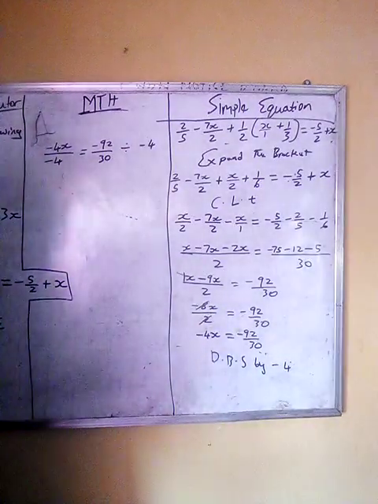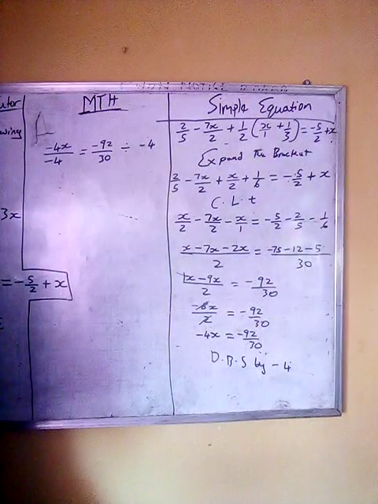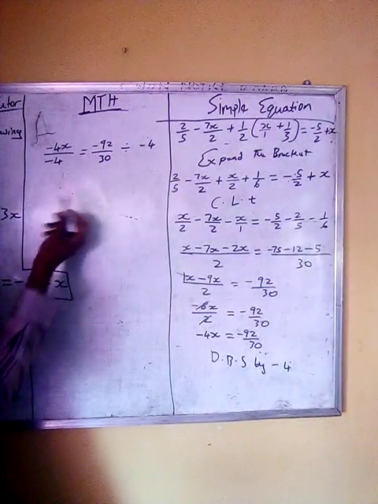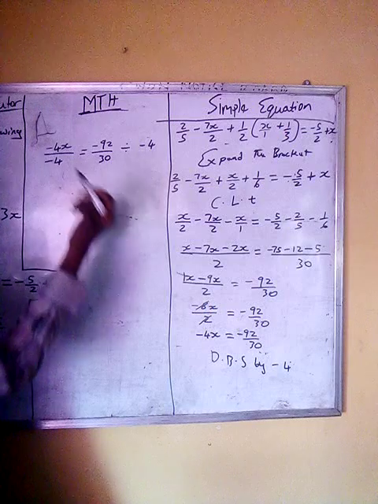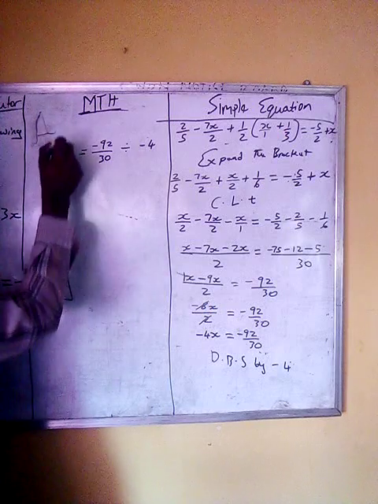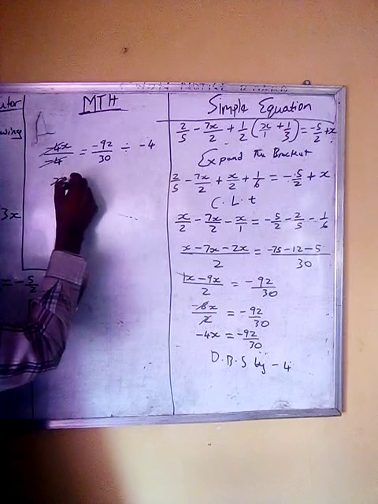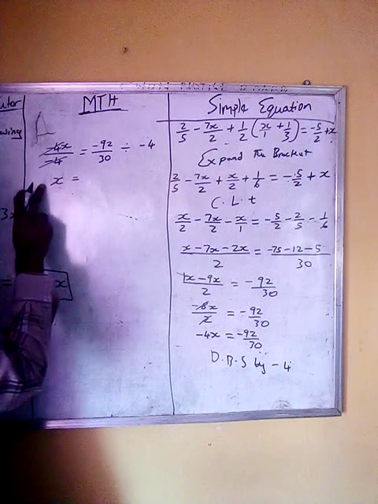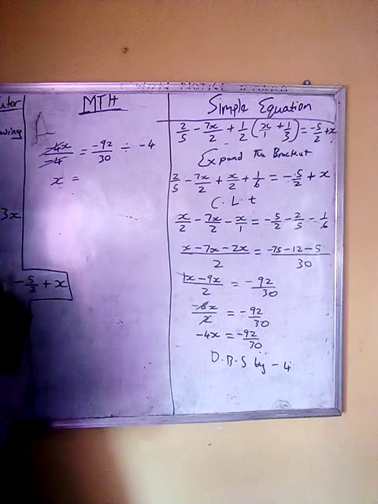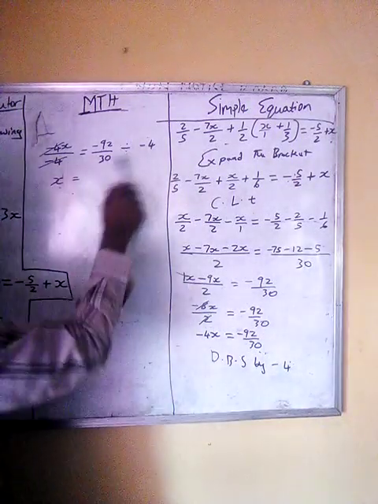Are you still with me? Okay. So therefore, minus divided by minus is plus. 4 divided by 4 is 1. So this we cancel out. So it is x, and the x is positive. So this is equals to, now we don't solve mathematics like this.